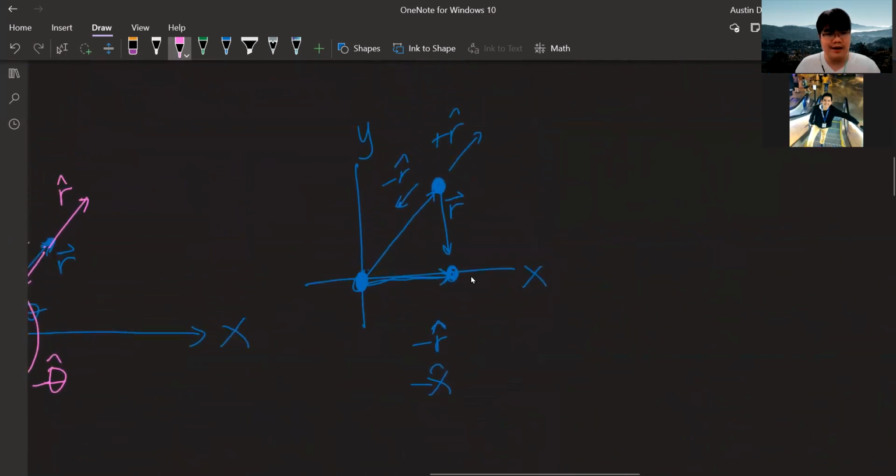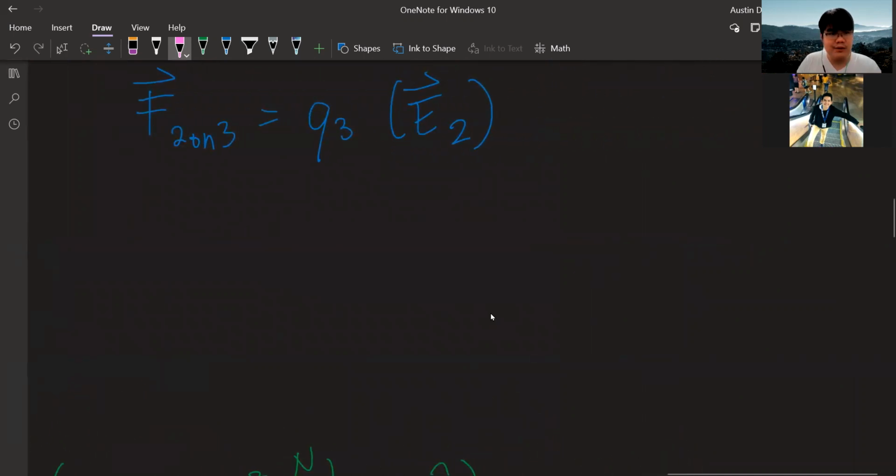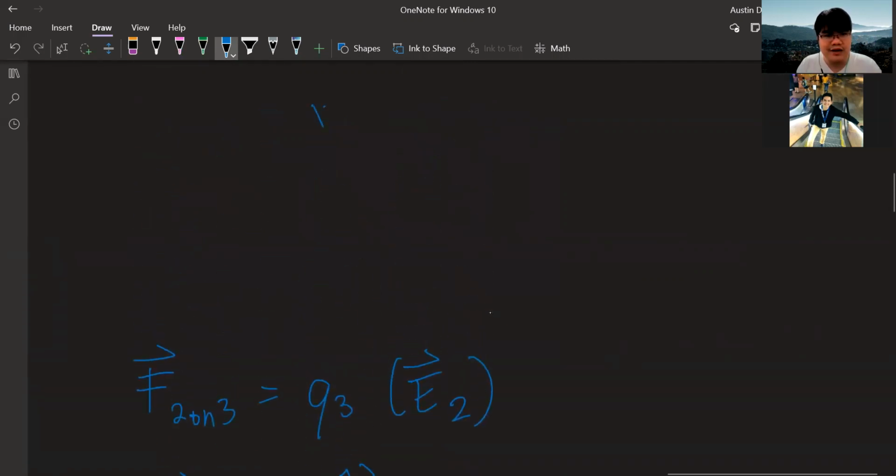So let's just write that down. So E2, we have E2. Put its direction right away. Plus x hat. Okay. In your book, in case you get confused, the notation is that their x hat is i hat, then y hat is j hat, and then z hat is k hat.